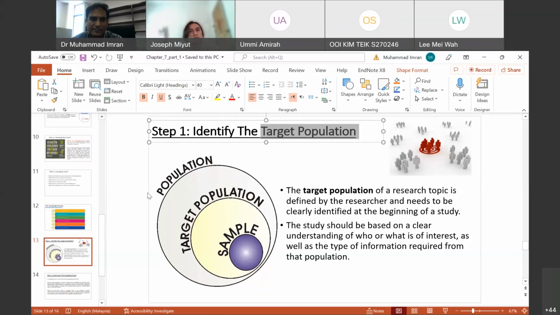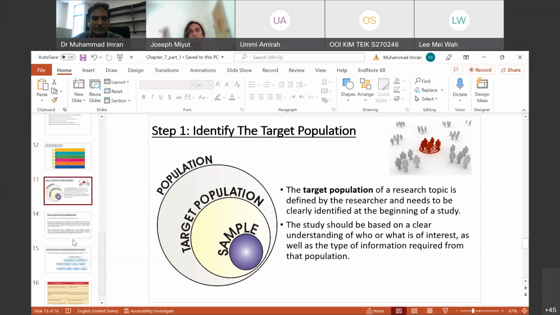In this case, the total population is all employees of UPSI, but your research is related to the academic staff, so your target population will be the academic staff. And still you will choose the sample among the target population. Understand? Hope you have a better understanding about the difference between the population, the target population and the sampling. Okay, let's move further.